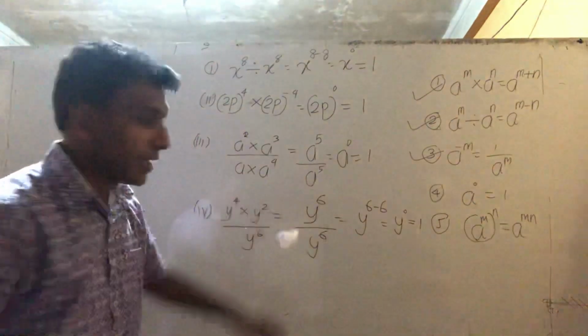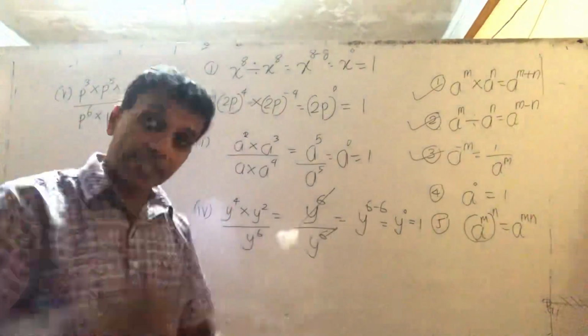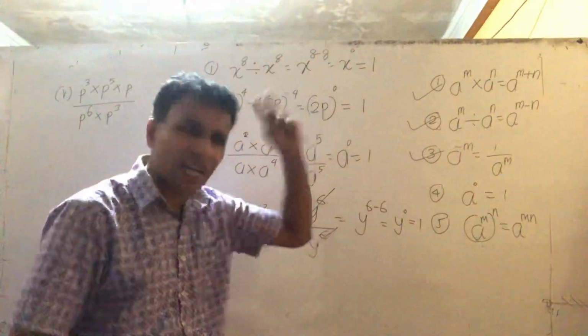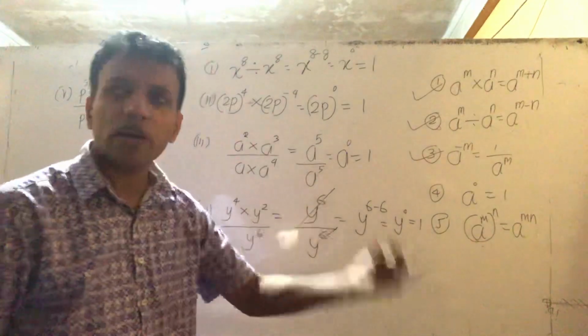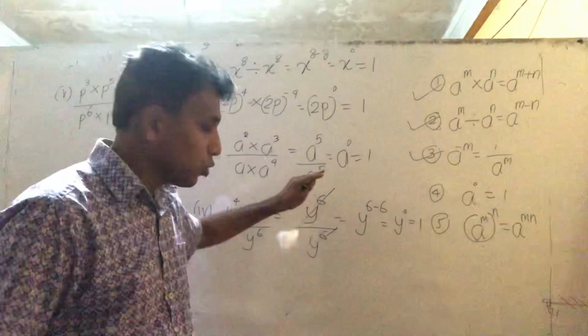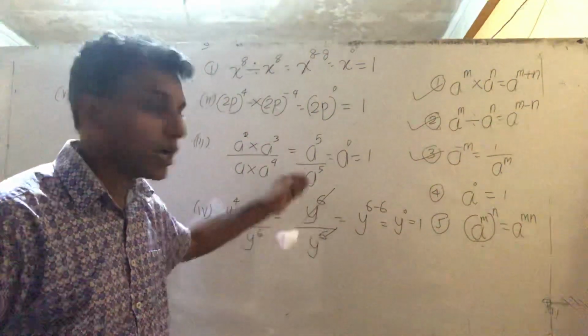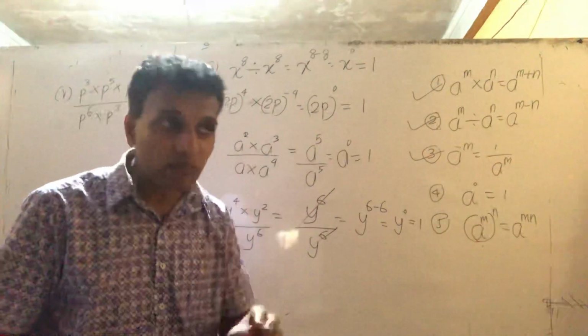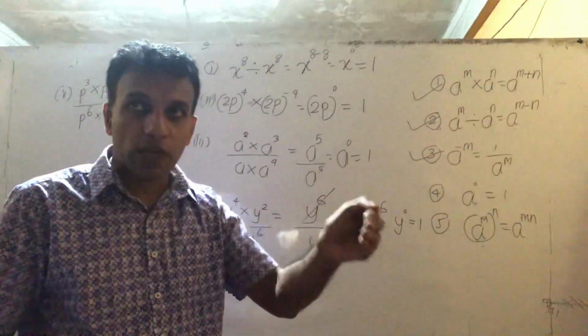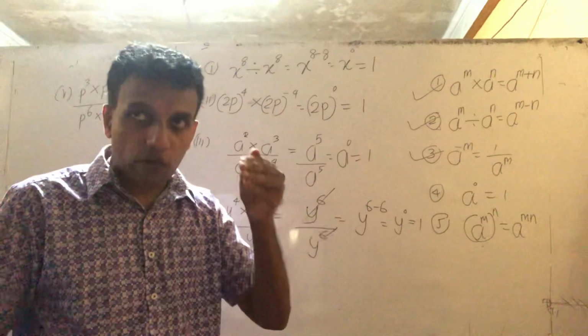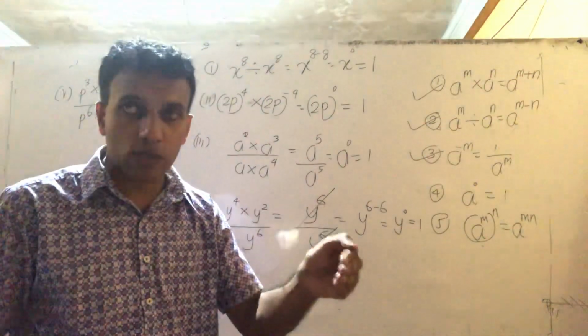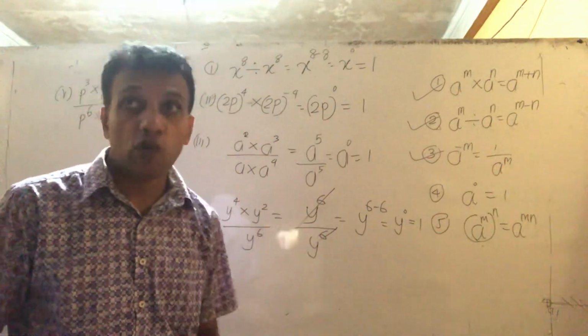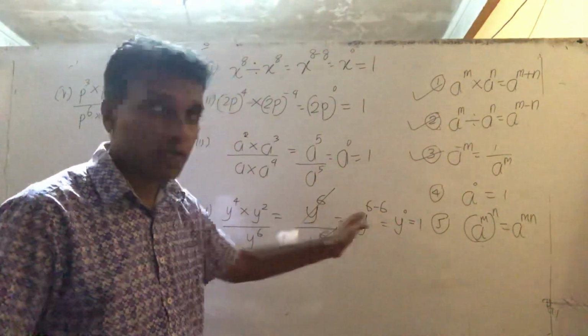But when up and down are the same number, you can say it is 1. In the final papers, you can say the answer is 1. 10 divided by 10 is 1. x divided by x is 1. Numerator and denominator both the same, answer is 1. But here we are following the rules, applying the rule, following the law of indices. Answer is 1.